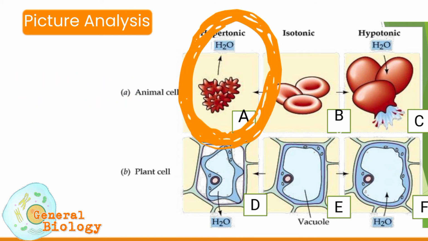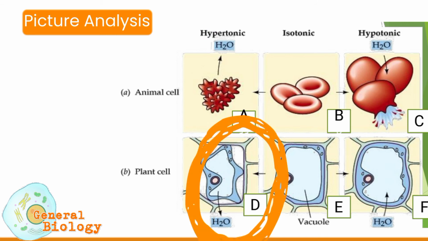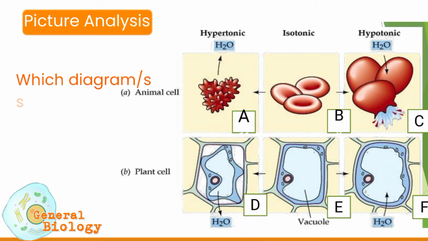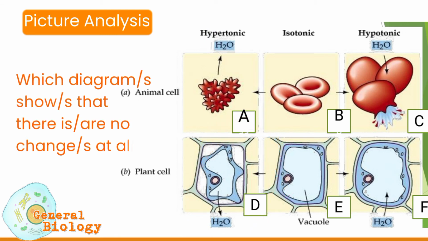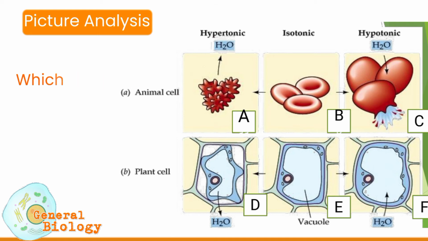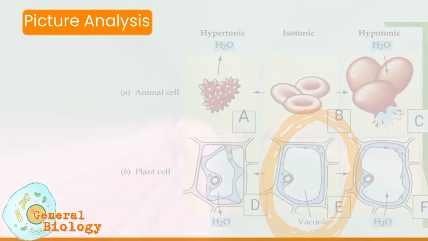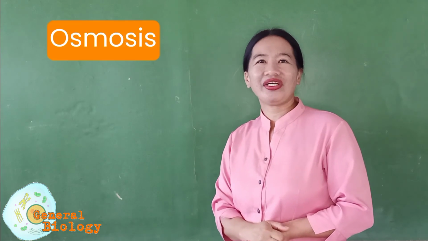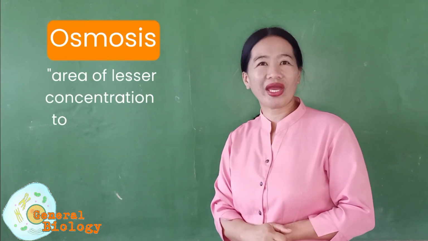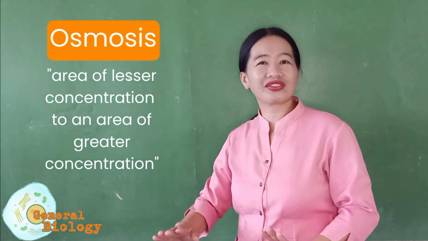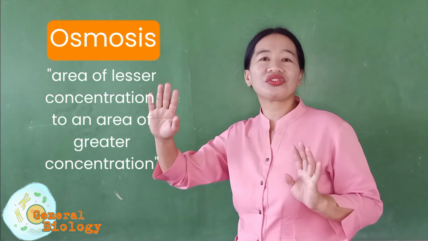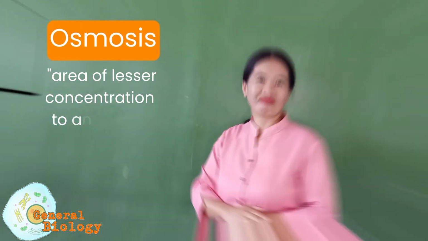Diagrams A and D are the answers. What about the diagram where there is no change at all? Which is it? Right. These are diagrams B and E. Remember that osmosis is the movement of water from a weak solution to a concentrated solution.